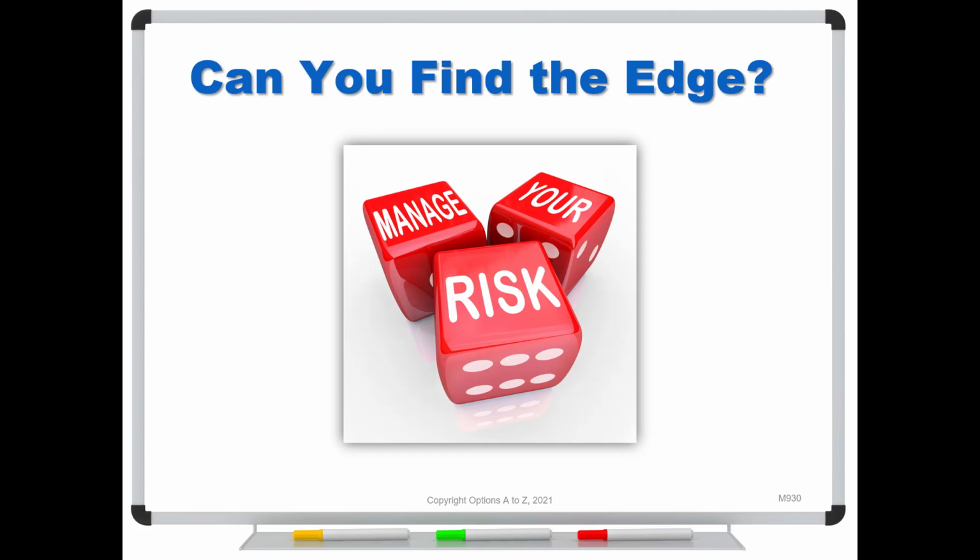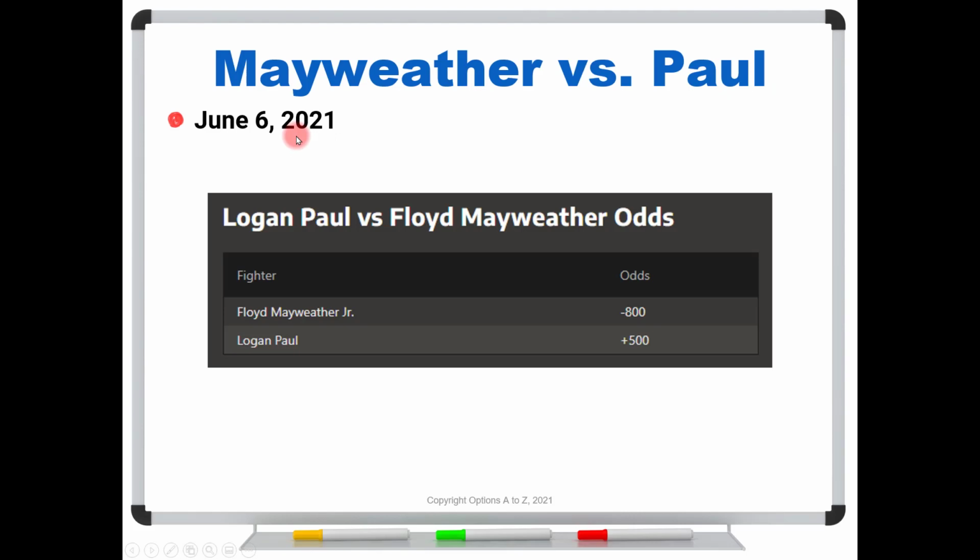So just try to follow along. And my point again is that if you're finding this difficult, imagine the difficulties that you really have to face when you are trading options. So on Sunday, June 6, 2021, was the fight between Mayweather versus Paul. And at least in the US, this is a common way of listing betting odds. So for Floyd Mayweather, there's a minus sign in front of this number. It's minus 800.